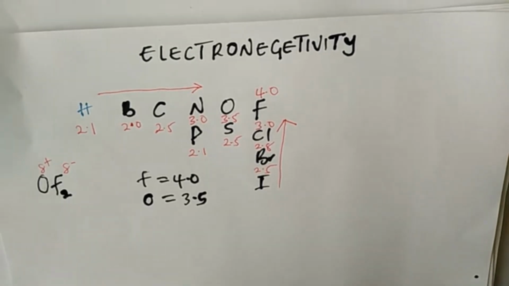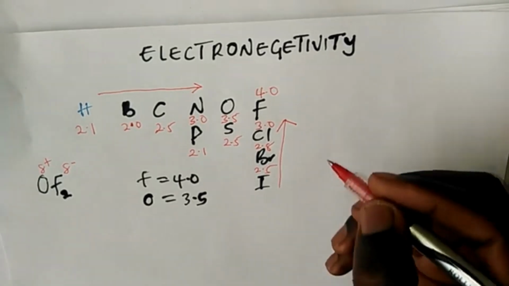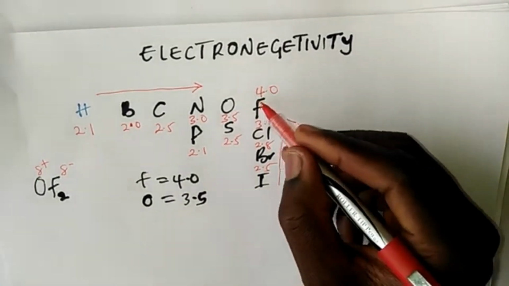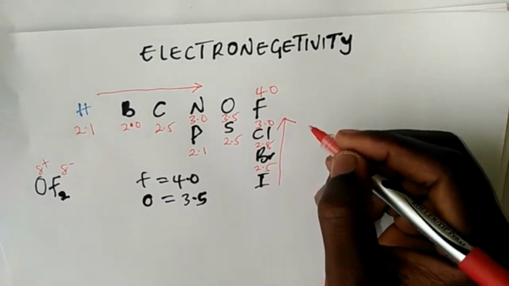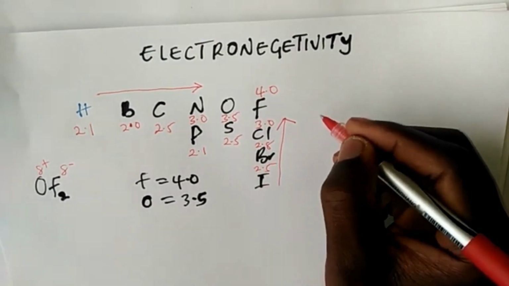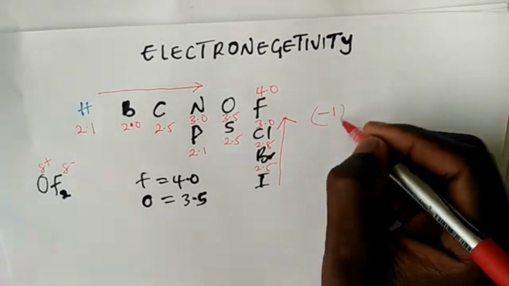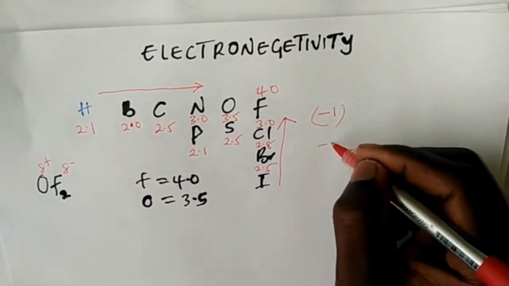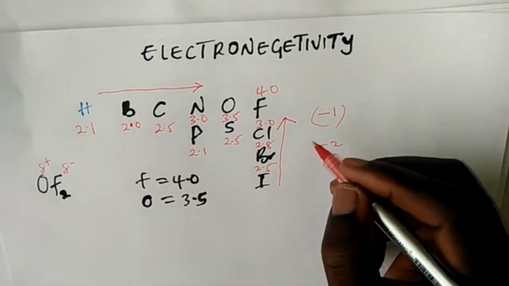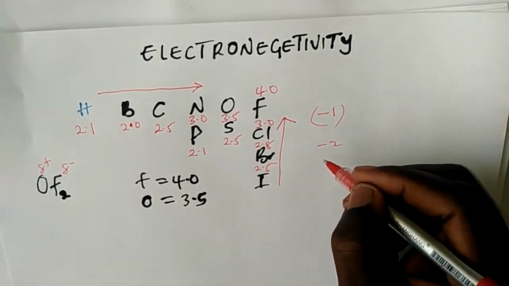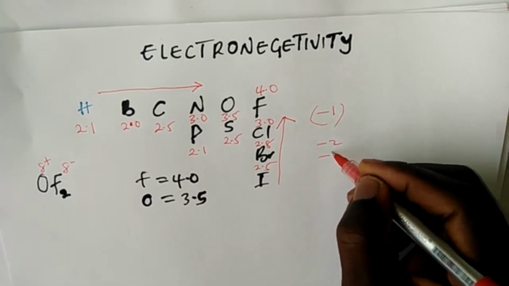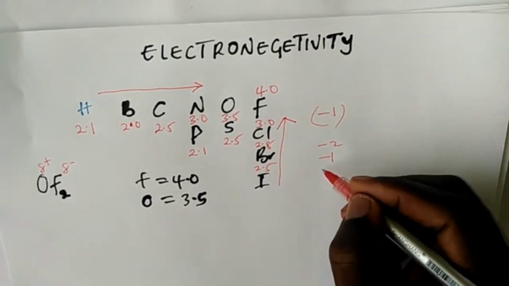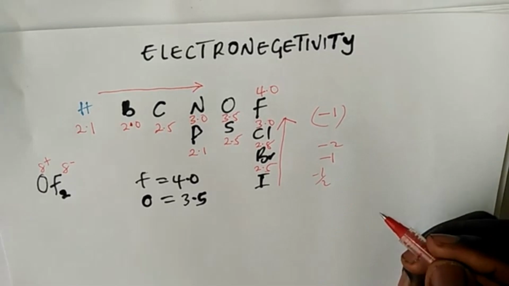Now in this case, we know that fluorine usually is -1 when you are writing oxidation number. The halogens, fluorine, chlorine, bromine, and iodine, they always have a -1, right? We know oxygen to be carrying -2 on its own, and it's carrying -1 as a peroxide, and -0.5 as a superoxide, right?